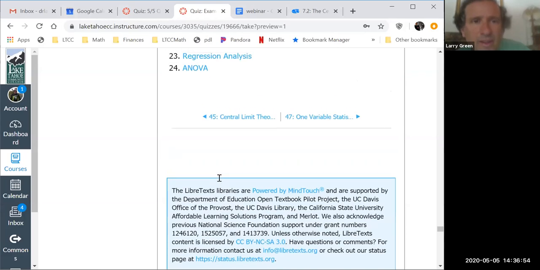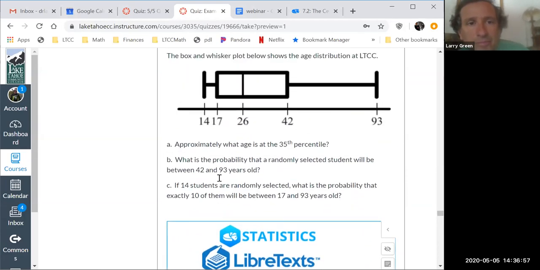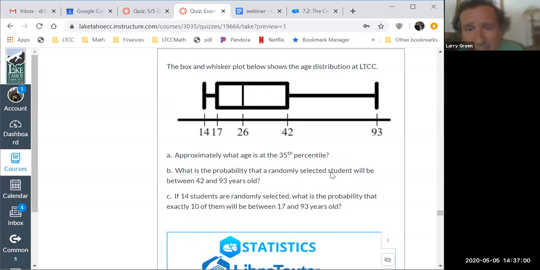Okay, part B. What is the probability that a randomly selected student will be between 42 and 93? All right, what percentile is 42? 75th percentile. 93 is the maximum. If there's 75% below 42, how much is above 42? 25%.